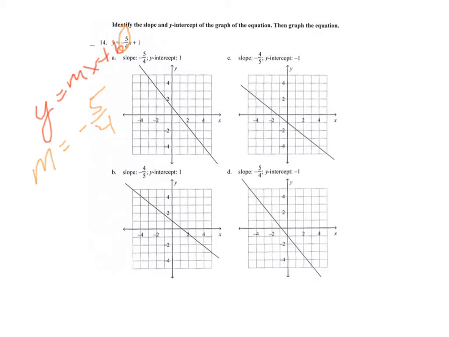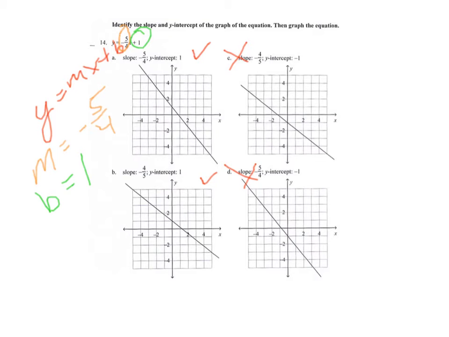Our b is the number all by itself, so b is equal to 1. So I'm looking for -5/4, 1. A works. B works, but C and D don't work.